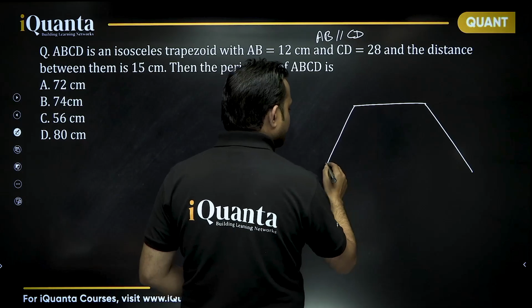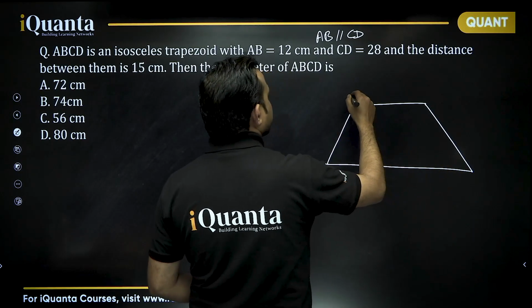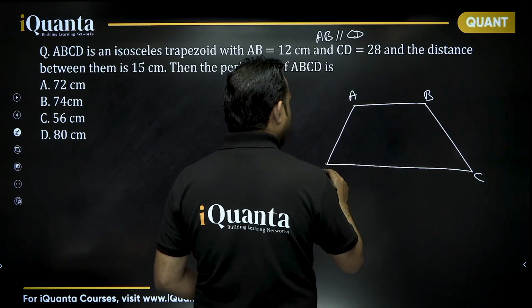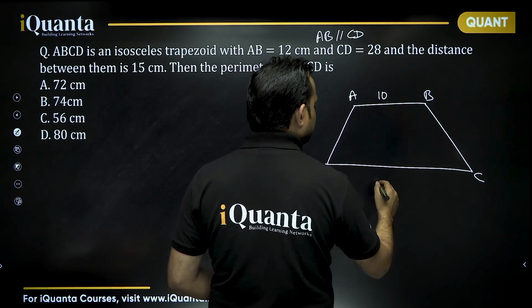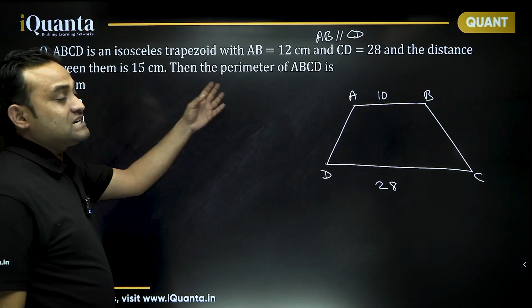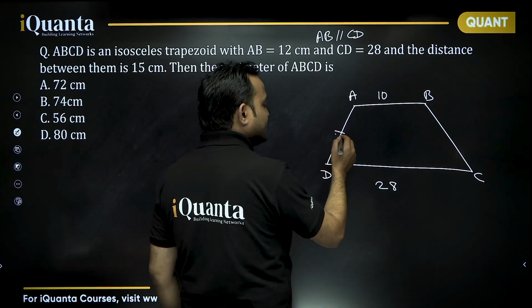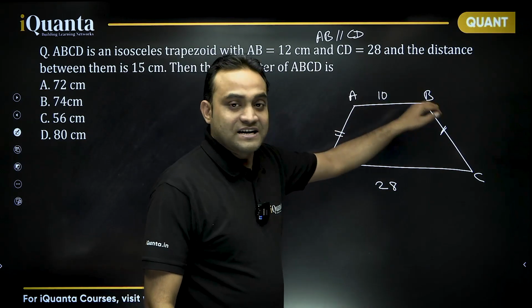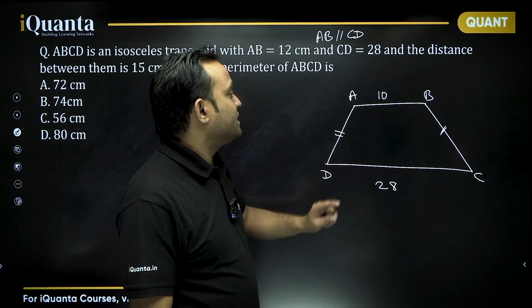It's given here that A, B, C and D, this is 10, this is 28 and it's an isosceles trapezoid, means AD is equal to BC. In isosceles trapezoid, the two other sides which are not parallel will be equal.